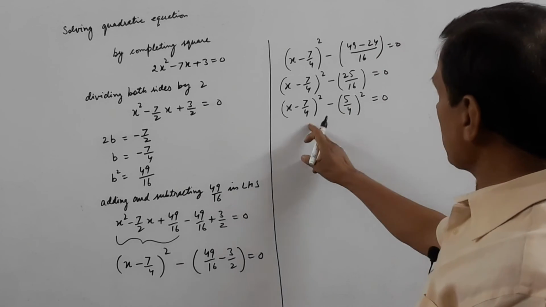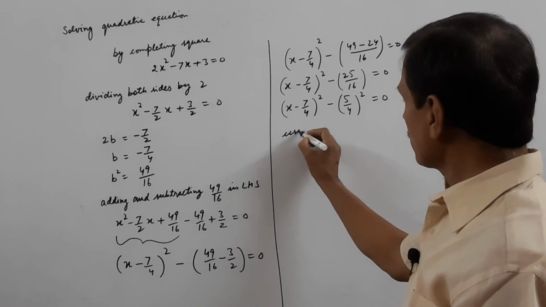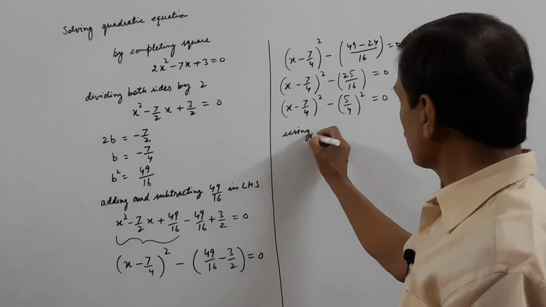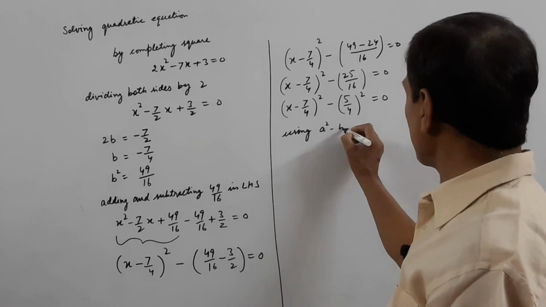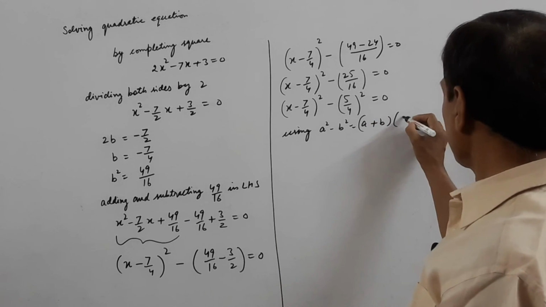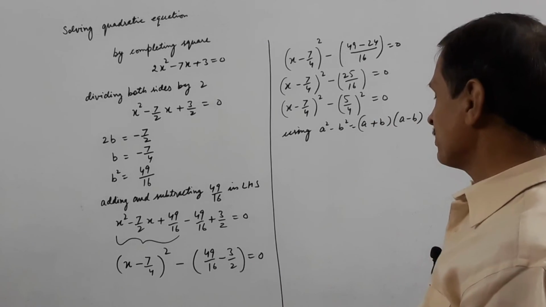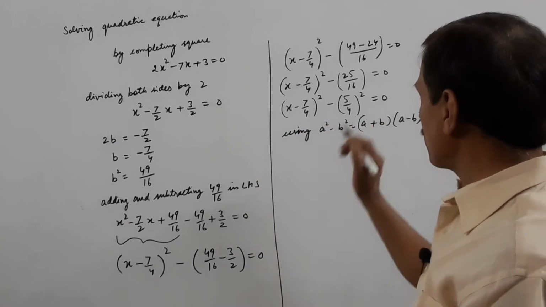Now we use a square minus b square identity. Using a square minus b square is equal to a plus b into a minus b. A term is x minus 7 by 4 and b is 5 by 4.